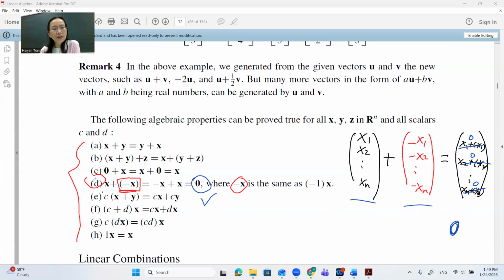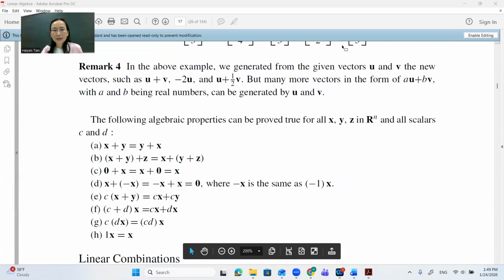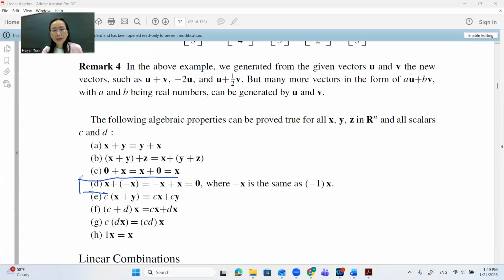So we just verified, using the definition of the sum and also the definition of the scalar multiple, this property D. You can choose one of the properties and try to check if they are true. Yeah, that can be proved.